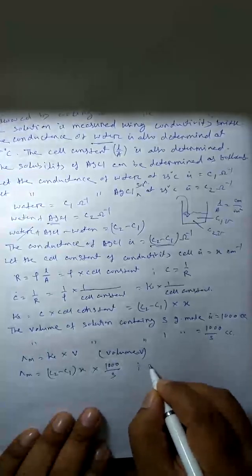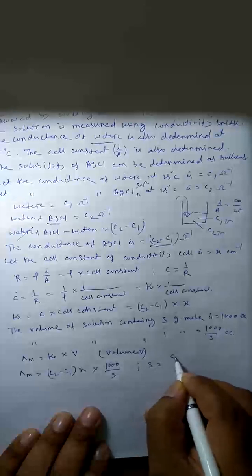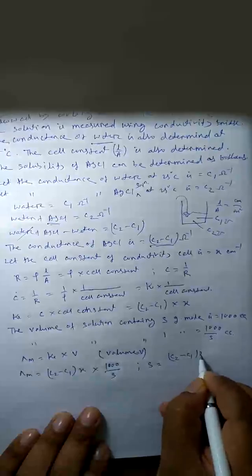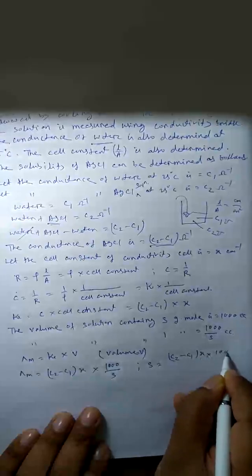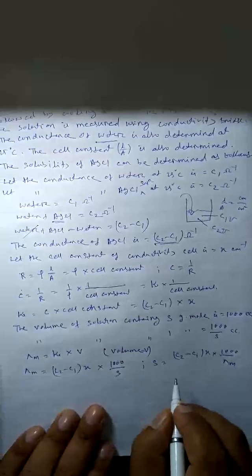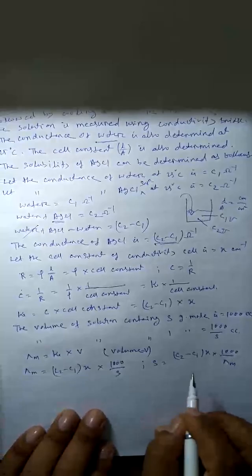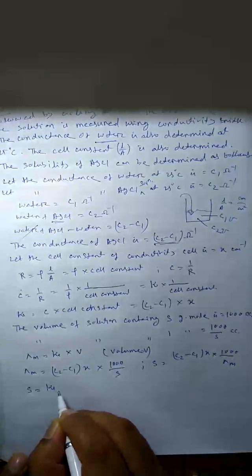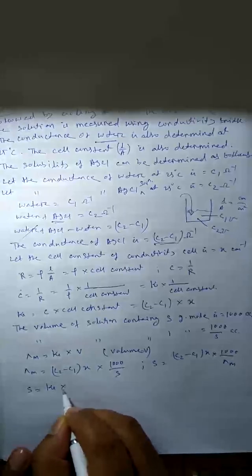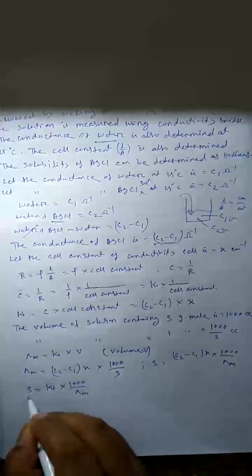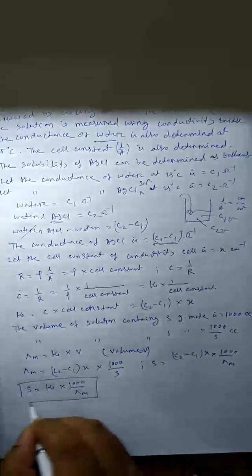So S is equal to (C2 minus C1) into x into 1000 by molar conductance. Or you can write solubility is equal to specific conductance, or conductivity, into 1000 by lambda m, the molar conductance. This is the solubility.